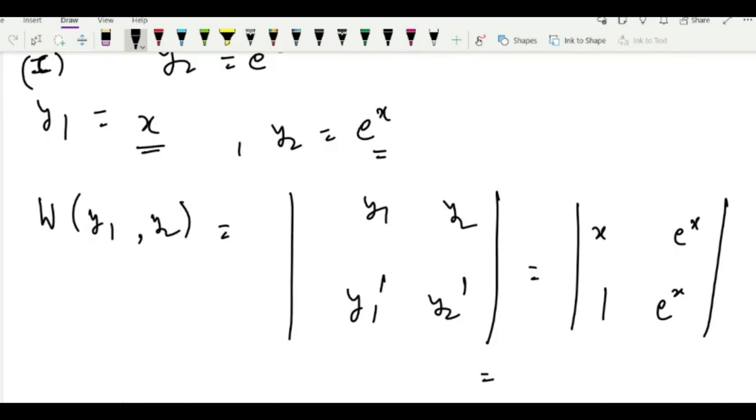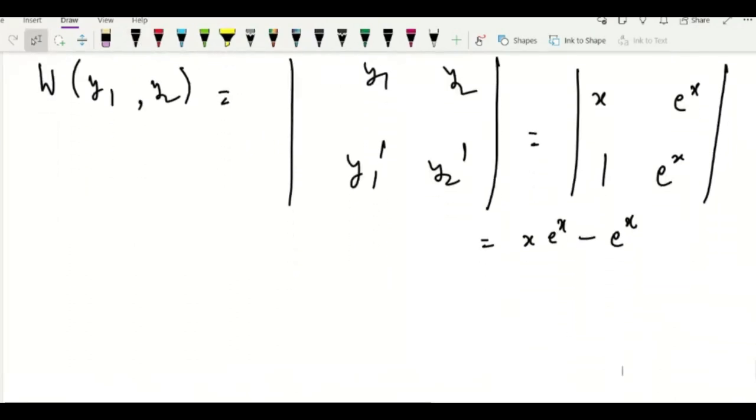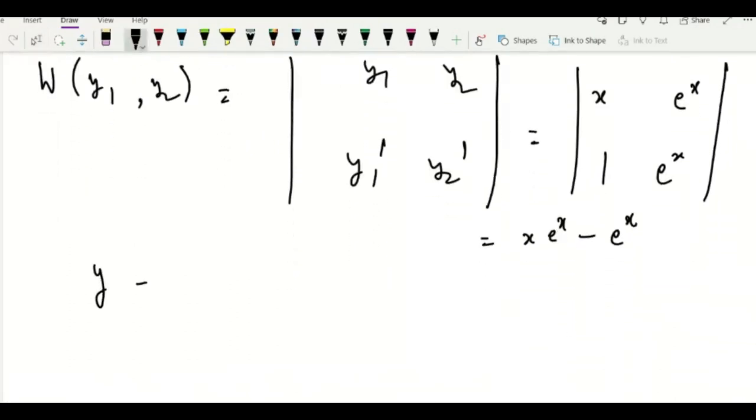So we get here x e raised to power x minus e^x. This is the determinant value. So this is our Wronskian. And we know that our solution y is equal to u1 y1 plus u2 y2, where y1 and y2 are x and e raised to power x.